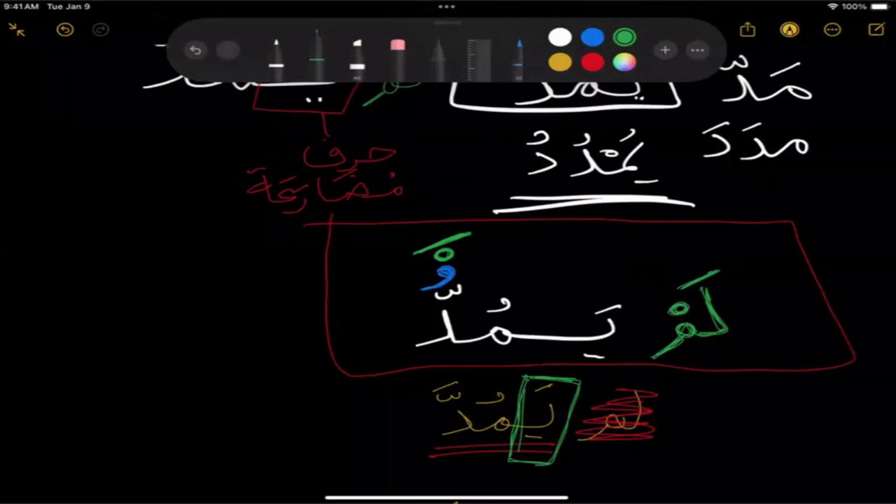The original sign of jazm is sukun. Let's remove this fatha, and we're going to remove the dhamma here. It's in the state of jazm. If we adhere to this sukun, we're allowed to. So if we do, then that means we must break these dals apart. It would not be possible to keep them together. Then we're going to actually have to just restore the verb to its origin.